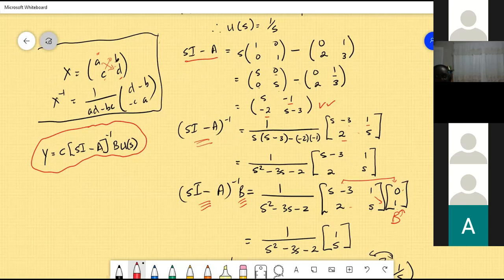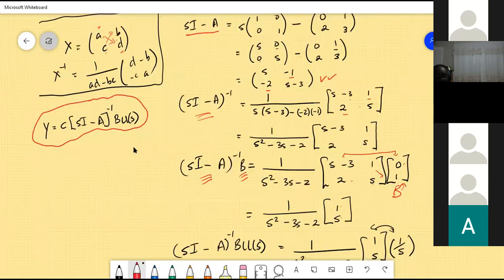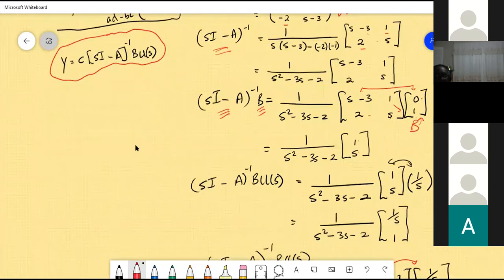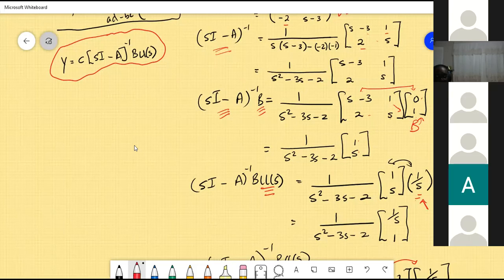So you get 1 and s. And then the next step is sI minus A inverse times b times u of s. So u of s, we say, is 1 over s. So I multiply by 1 over s, get 1 over s, and s times 1 over s, I get 1.